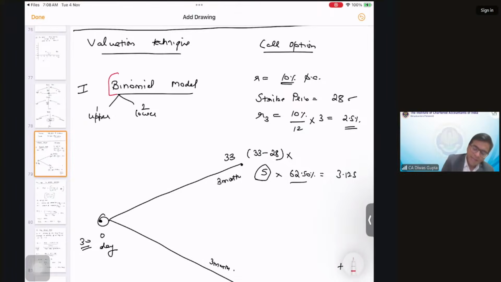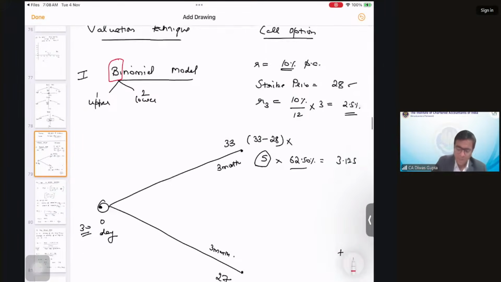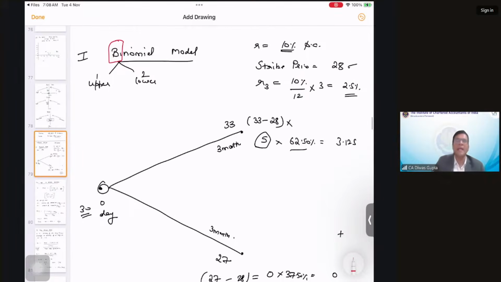As the name suggests, it means a possibility of two, upper or lower, correct? The entire model is based on two outcomes, whether the price will increase or it will come down.